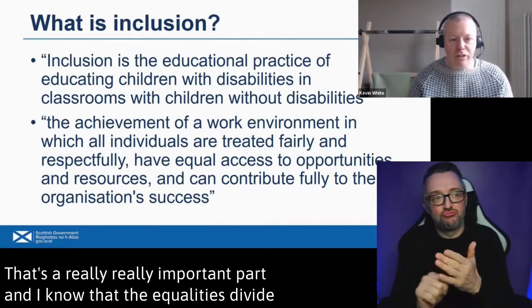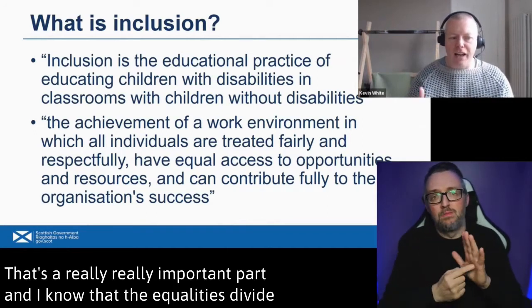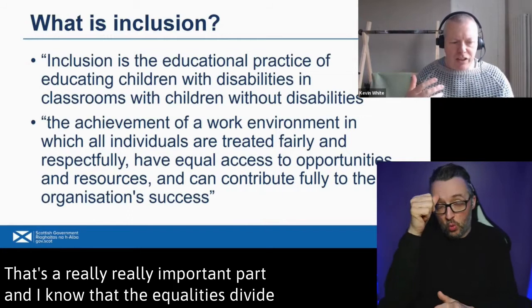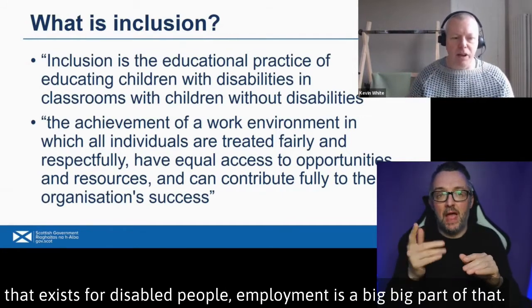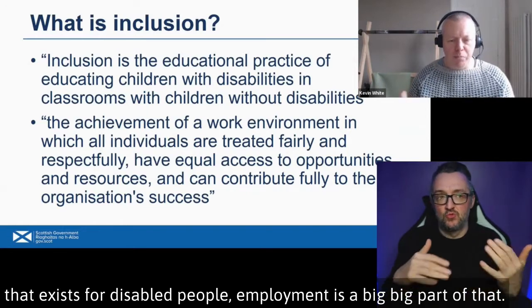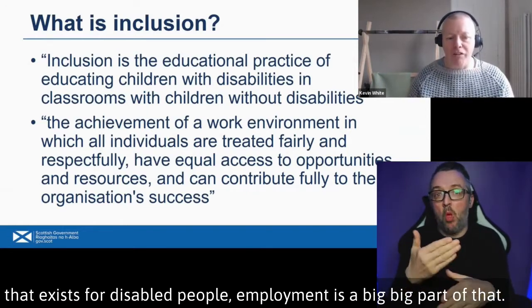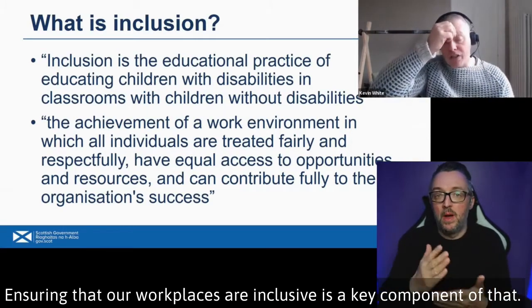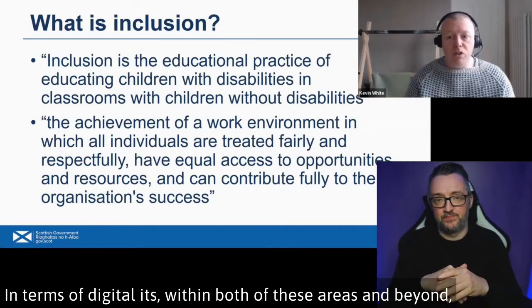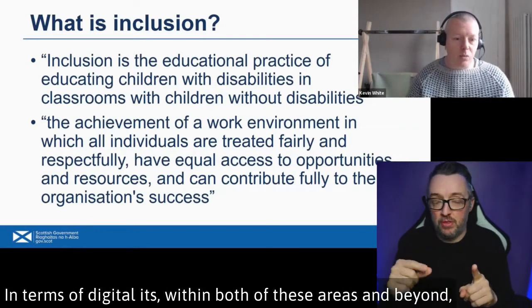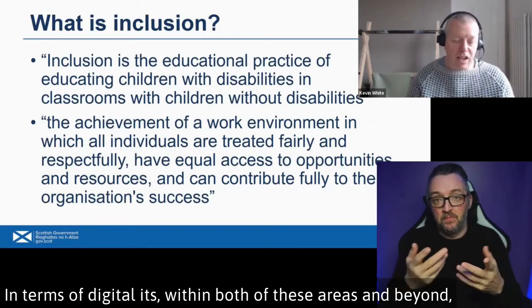That's a really, really important part, and I know that the equalities divide that exists for disabled people, employment is a big part of that. Ensuring that our workplaces are inclusive is a key component to that. In terms of digital, it's within both of these areas and beyond.